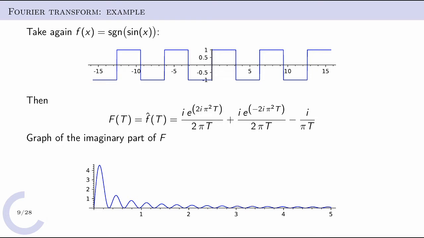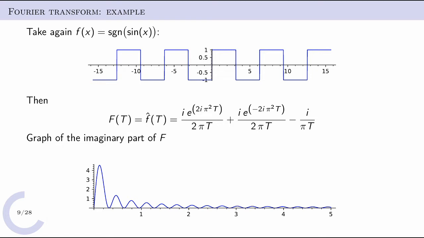As you can see, this first maximum refers to the fact that the main frequency of our function is the same as the frequency of sine. It's just 1 over 2 pi, and this is the first maximum.